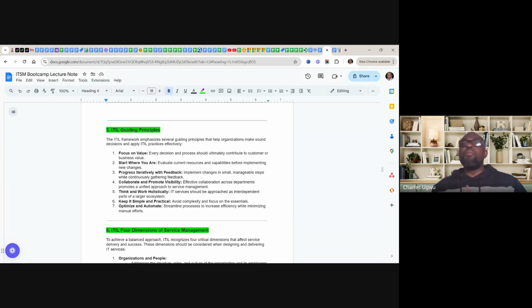We don't believe in ambiguity. We don't believe in so much grammar. We believe in simple diagrams. Everything must have a diagram on how to follow processes, because everything in ITIL is about processes.